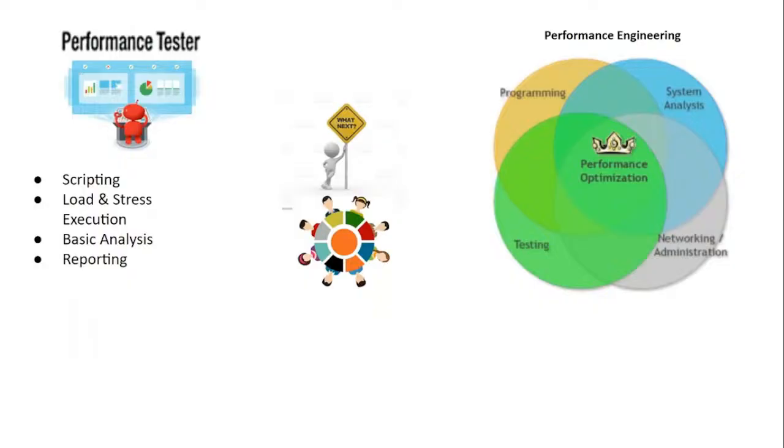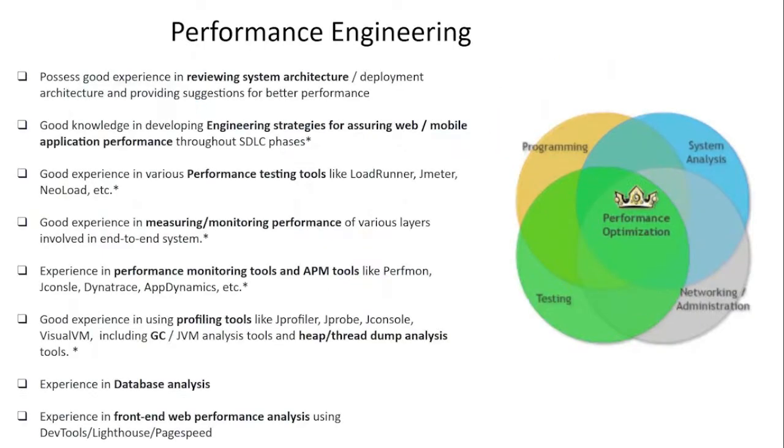Okay. So all these things put together is what we call performance optimization. But in that, system analysis is the key one. Okay. So when I say system analysis or performance engineering, again, to sum up, whatever you guys have put into the chat is exactly like whatever I have mentioned here as well. Right. So when we say performance engineer or engineering, you should have good experience in reviewing the system architecture, deployment architecture.